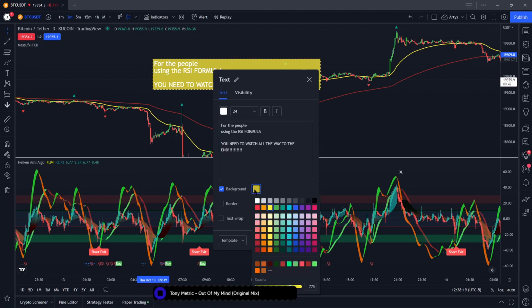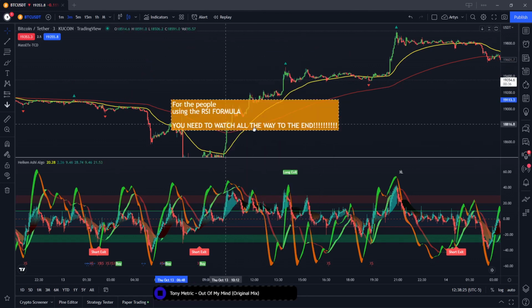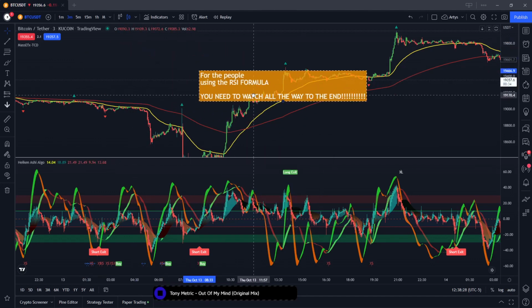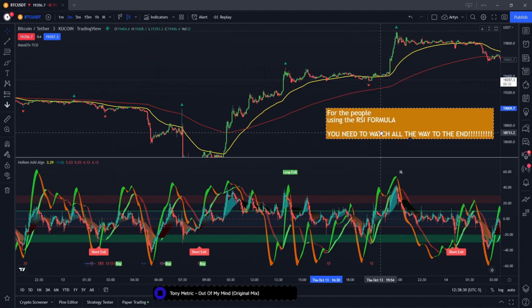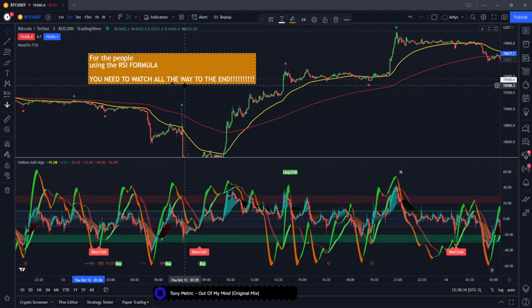You have to, because there is something very important now about the algo. See, this is moving around. You need to look at this. Watch this. See, it's here. It's here. It's gone. Listen. Watch this video all the way through. You're going to find something very important to you if you're using the RSI formula.